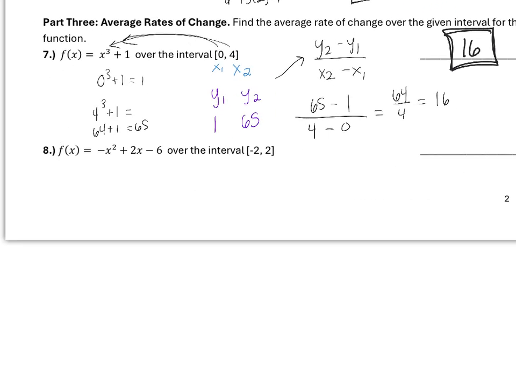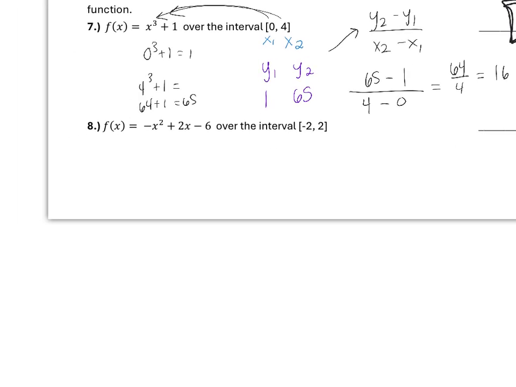Okay, then we'll do the same thing for number 8. This is my x1 and x2, and I need to figure out my y1 and y2. So when I plug in x1, I get negative 2 squared plus 2 times negative 2 minus 6. So negative 4 minus 4 minus 6.